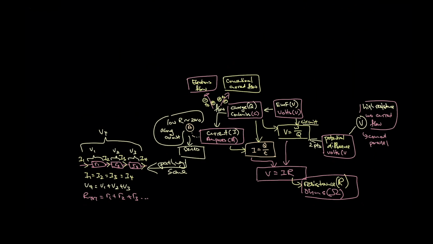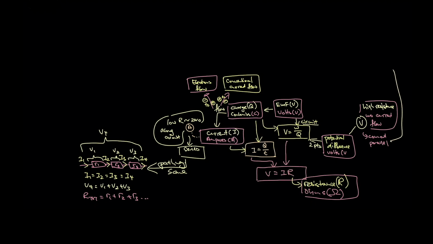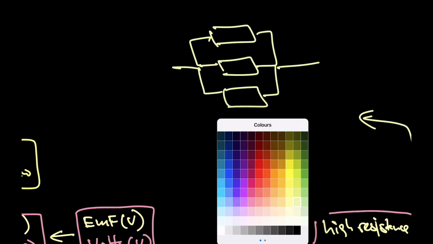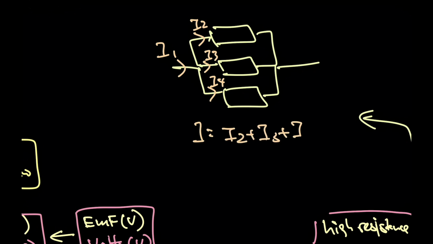Now let's find some space for the parallel one. Parallel connection is when we have different pathways. Let me zoom it in for you. First of all, the behavior of current: I1, I2, I3, I4. I1 is equal to I2 plus I3 plus I4. When the current hits the junction, it splits into different pathways.